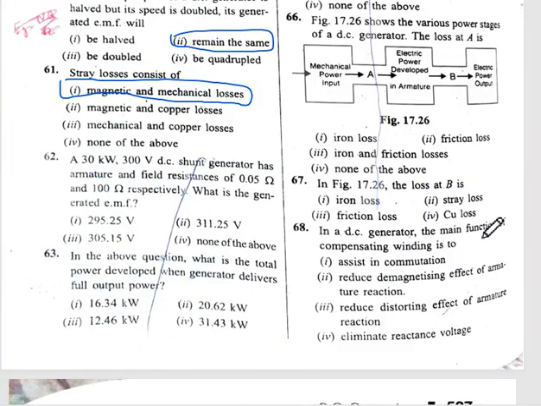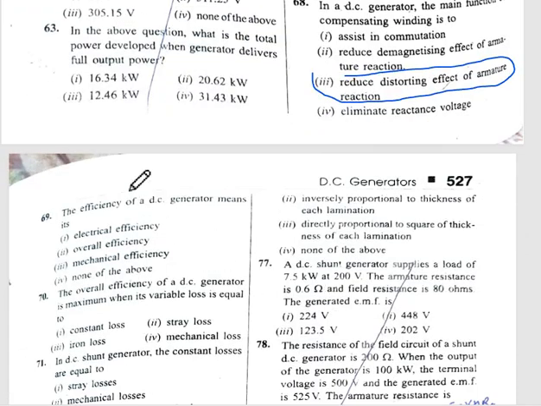In DC generator, the main function of compensating winding is to reduce the distortion effect of armature reaction. The efficiency of DC generator means its overall efficiency. The overall efficiency of DC generator is maximum when its variable loss is equal to constant loss.